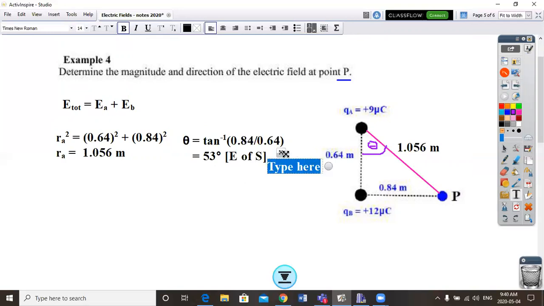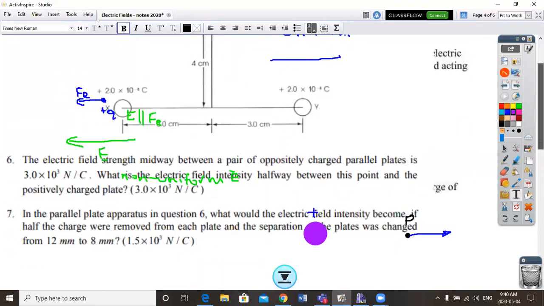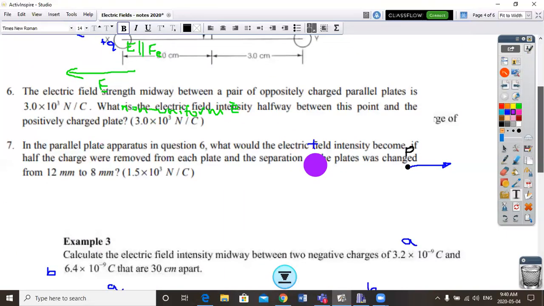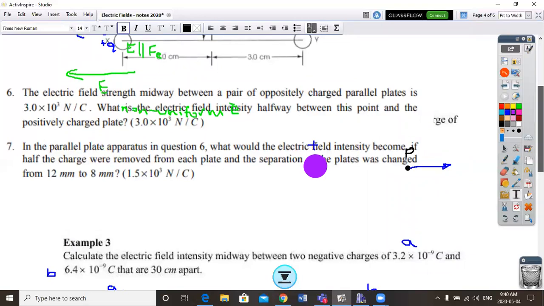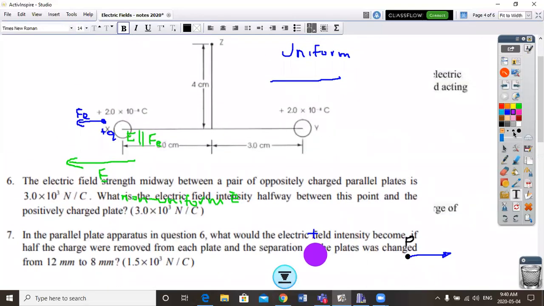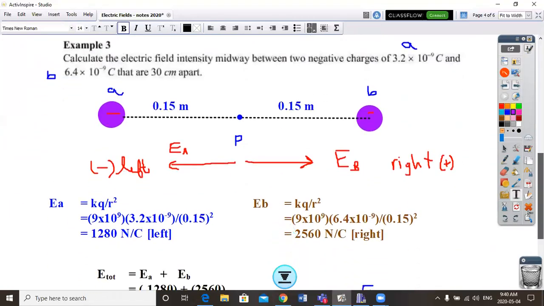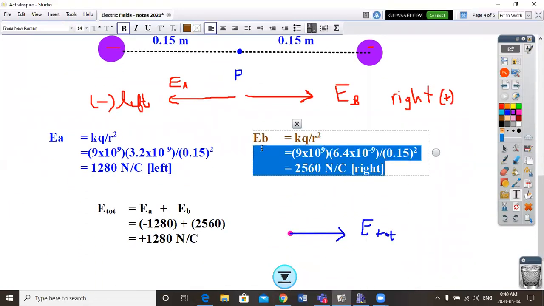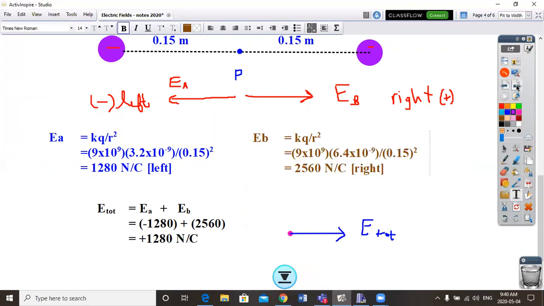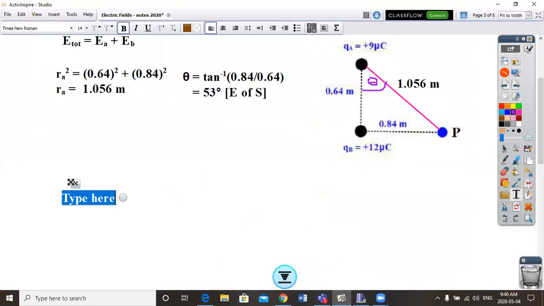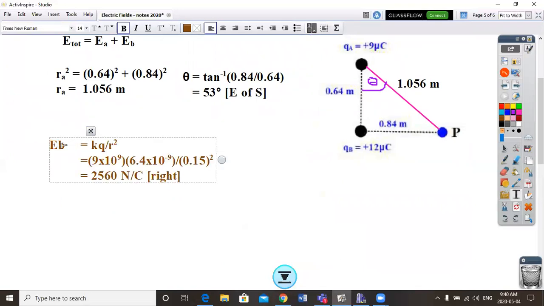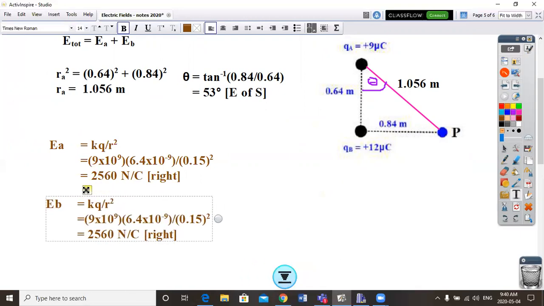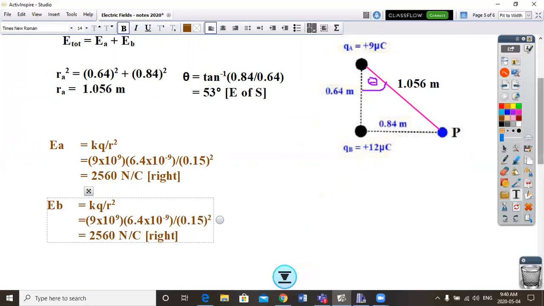Okay, good. So next we have to find the fields due to the charges. Bear with me, I don't feel like typing that all out. Copy paste this. Okay, so change that to an A, and we'll change that to a B. Okay, so KQ over R squared.